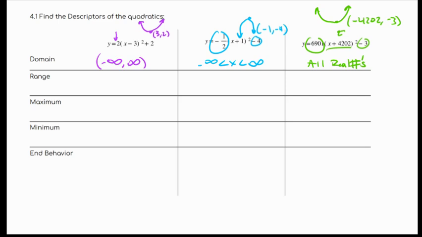For the range, however, in this one, our lowest point is at 2. So 2, and then it goes on up forever. And it actually hits the y value of 2, so we use a bracket here in this one. And then the range for the second one, it has the highest point.